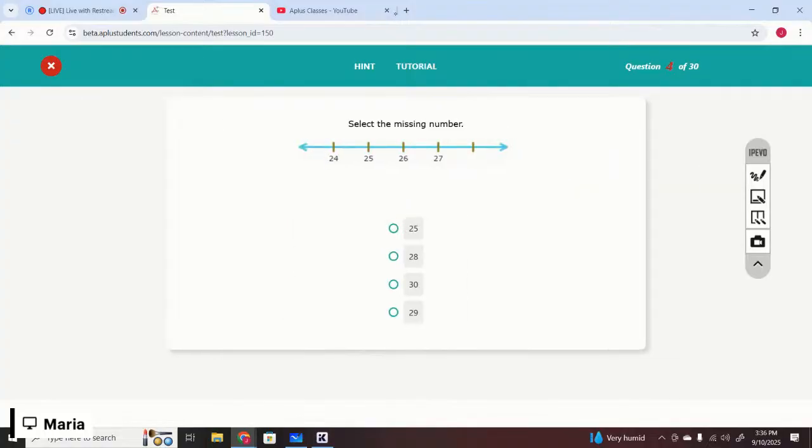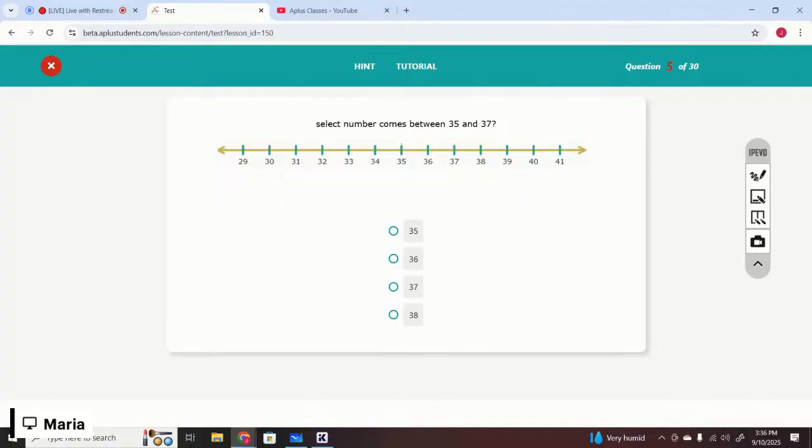Option number 1 is the correct option. Select the missing number. The missing number is 28. Option number 2 is the correct option.